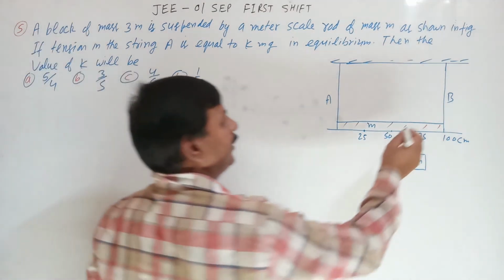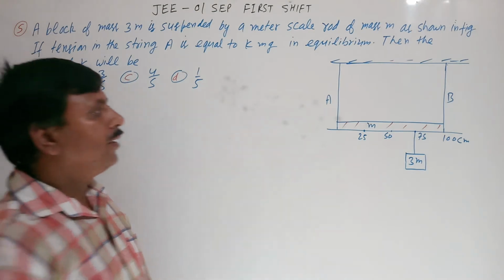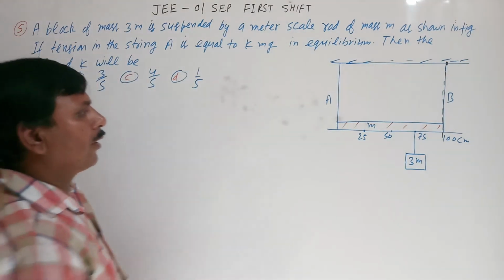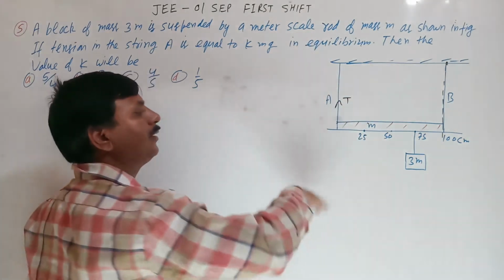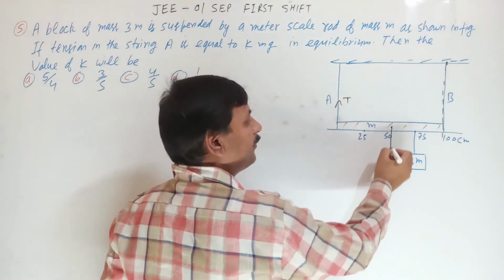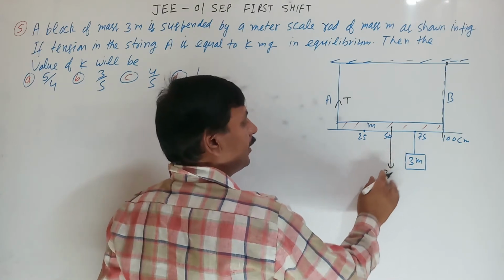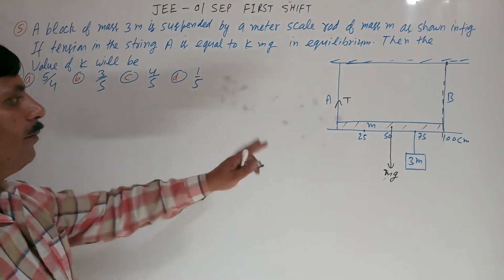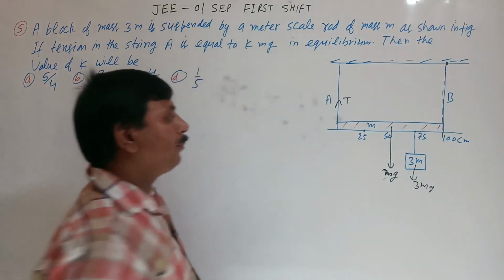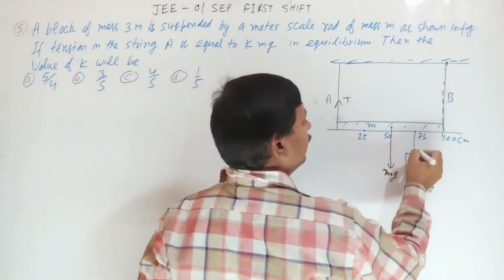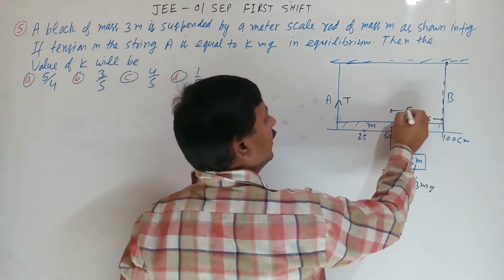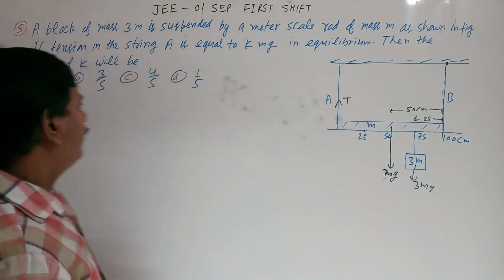They are not asking about string B, so we take the torque about the axis along string B. Here, tension T acts upward at a distance of 100. The weight mg of the rod acts at the midpoint, and the weight 3mg acts at the 75 cm position. So its distance from the axis is 100 minus 75, which is 25 cm, and the rod's weight has a distance of 50 cm. So we take torque about the axis at string B.